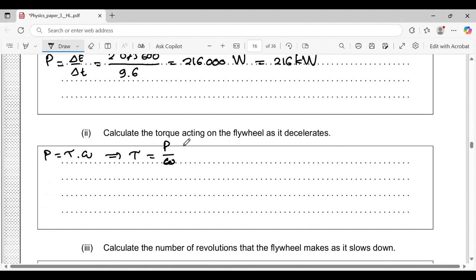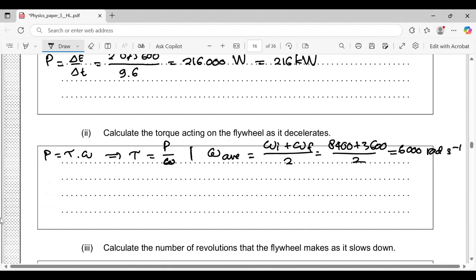This is omega, not W. We need to find the average omega first. Omega average equals omega I plus omega F, the initial plus final, divided by 2. It is 8,400 plus 3,600 divided by 2, and it is 6,000 radians per second.